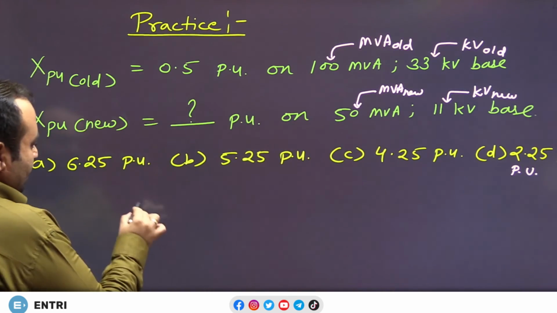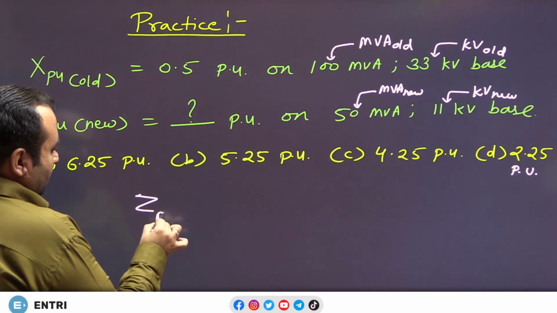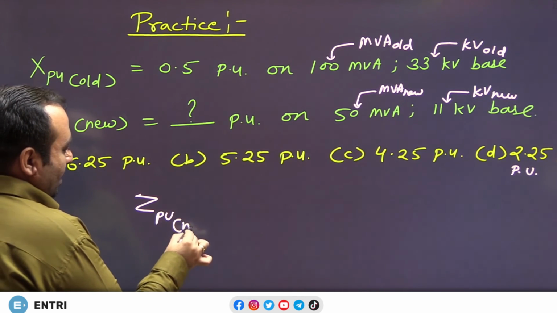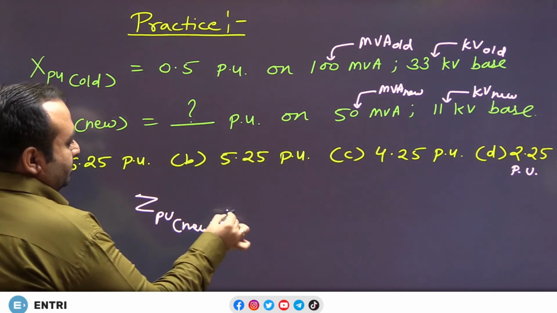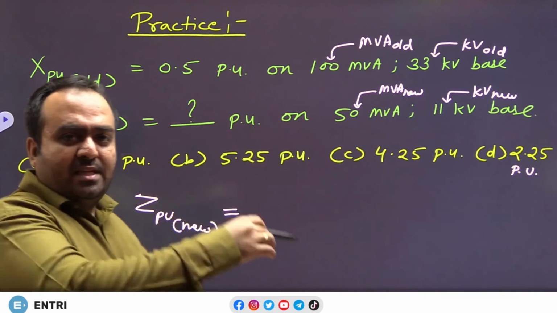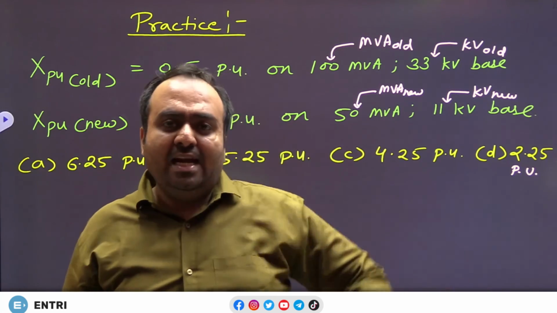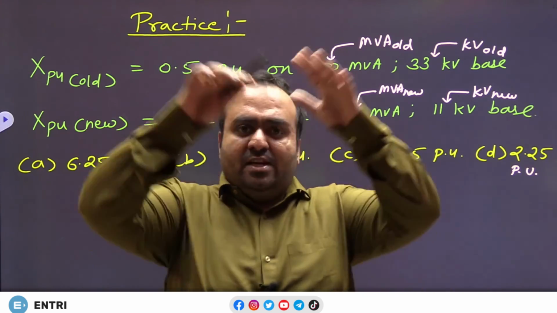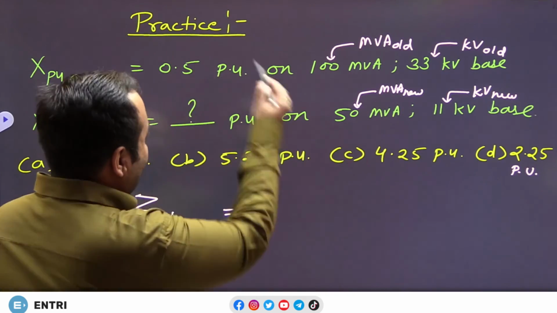Do you know the equation? ZPU new. I will directly put the values, beta. Please see the equations. You can just go behind in this video. You know that equation. We have decorated with stars. I'll just put the values.